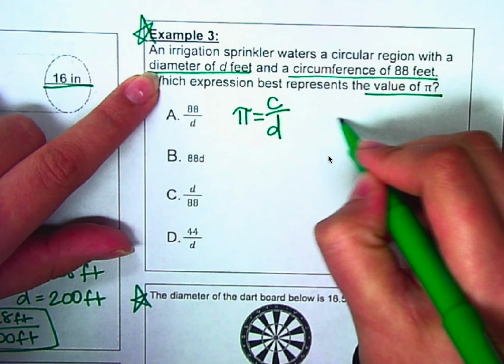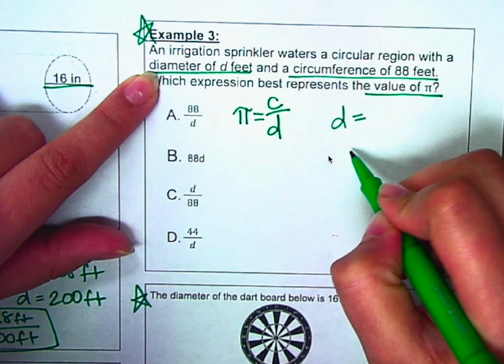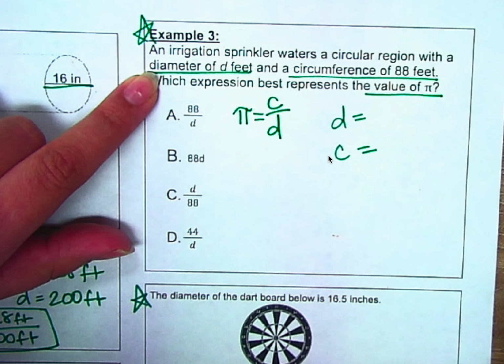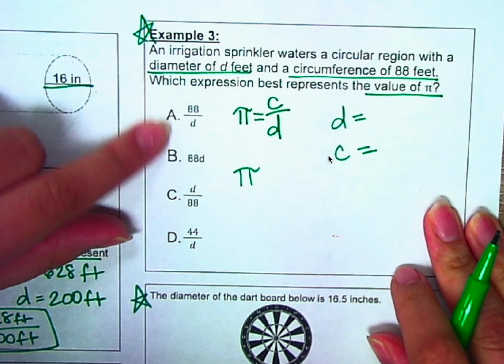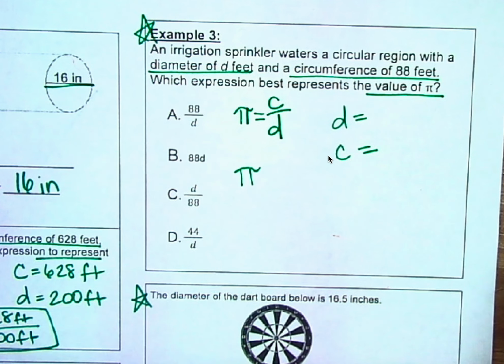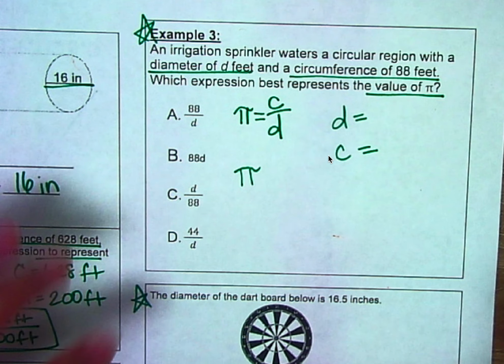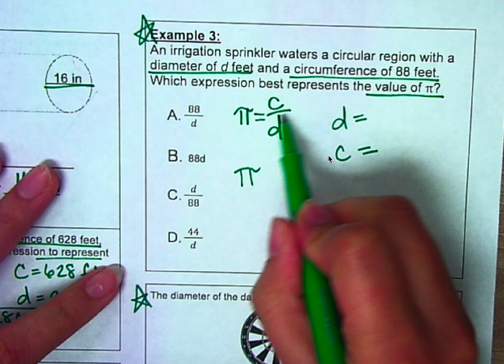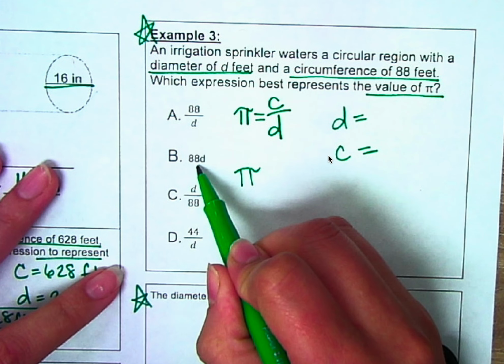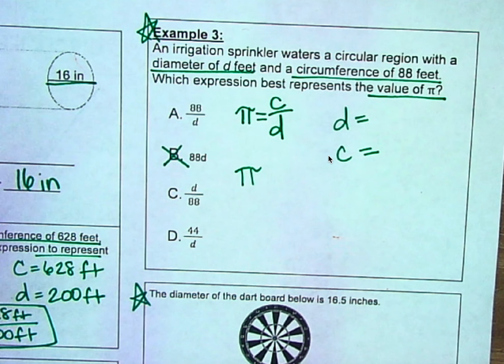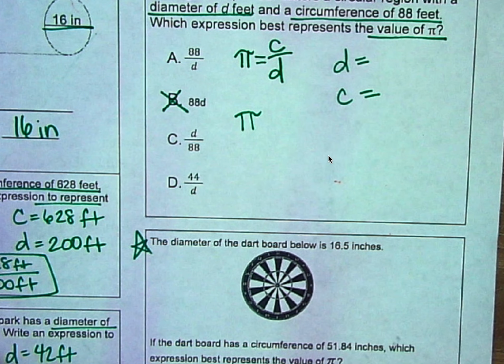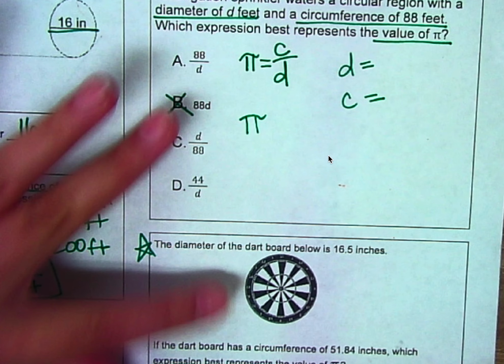They gave you diameter. I want you to write that down, and they gave you circumference. Then all you have to do is plug it in. You're going to choose whichever answer you got. Okay, you should already tell, look, this is division, that line. So am I going to be multiplying? That's the first thing you should be crossing off. Okay, go ahead and finish those two problems and raise your hand when you're done.